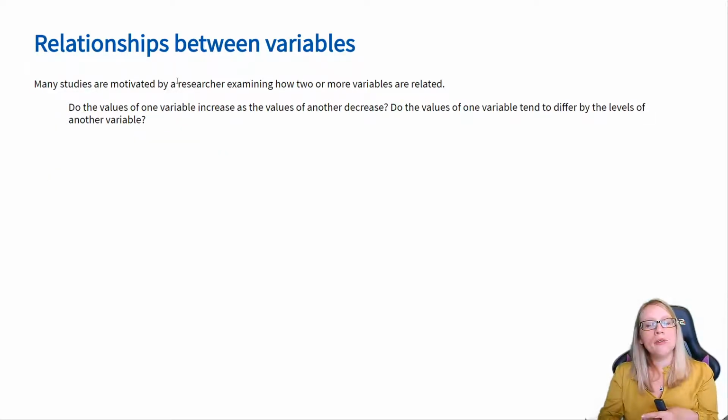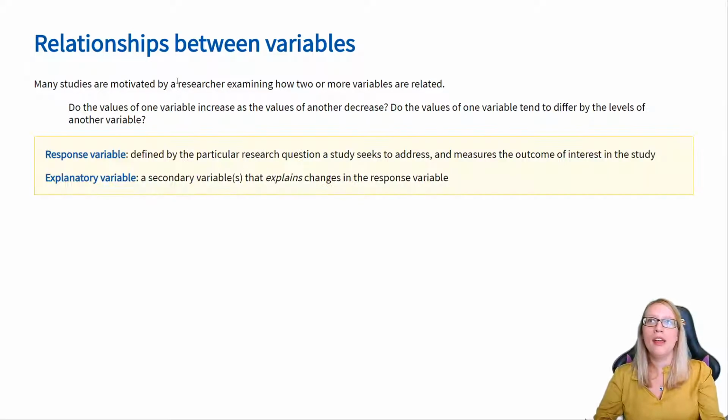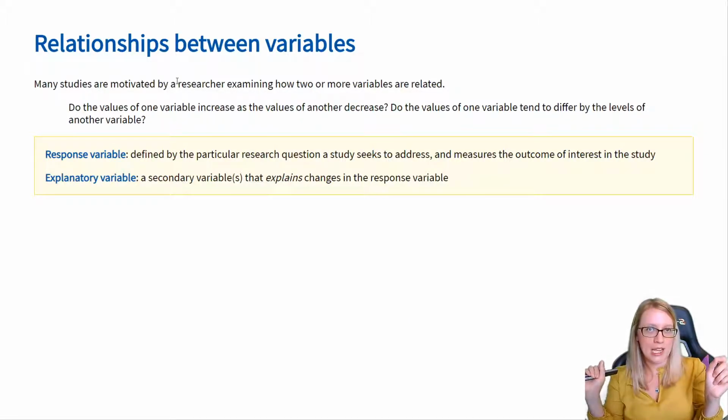So the next thing that we want to talk about when we're thinking about how variables should be analyzed is the role that they're playing. What's the relationship between the variables? Is there a relationship? If there might be a relationship, then we want to assign variables roles to play within that relationship. Typically, we'll break those into response variables and explanatory variables.